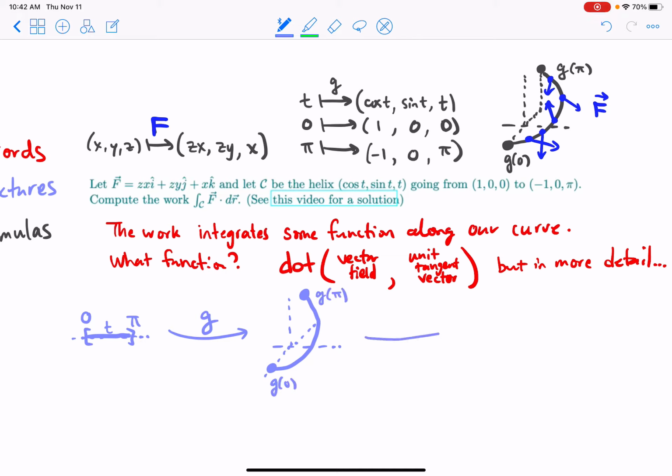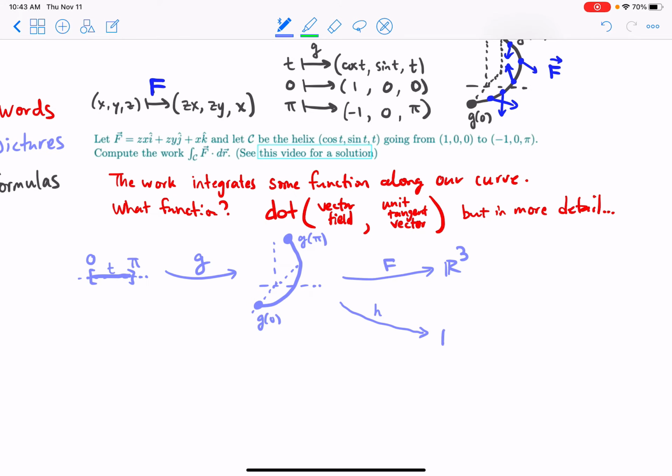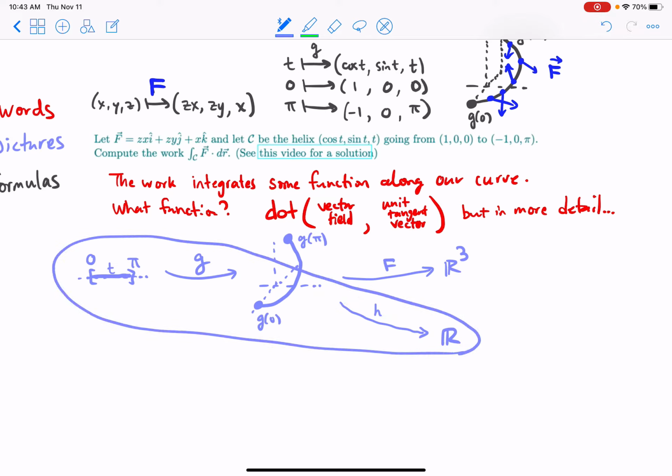And then we have the vector field, which maps to R3. And then we want some function, let's say h, that maps to R, and h will be this dot product here. This is the function we're going to integrate over the curve, and we'll do it by pulling it back to integrate from t equals 0 to t equals pi, and that will be an easier integral.